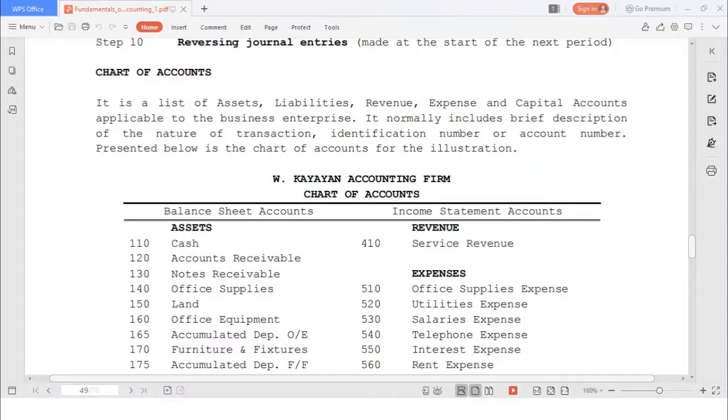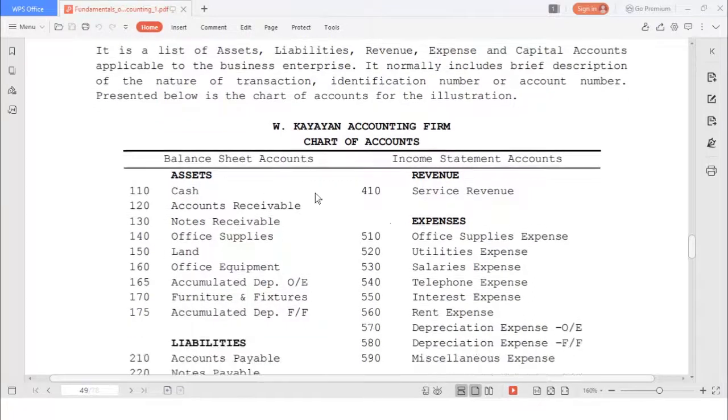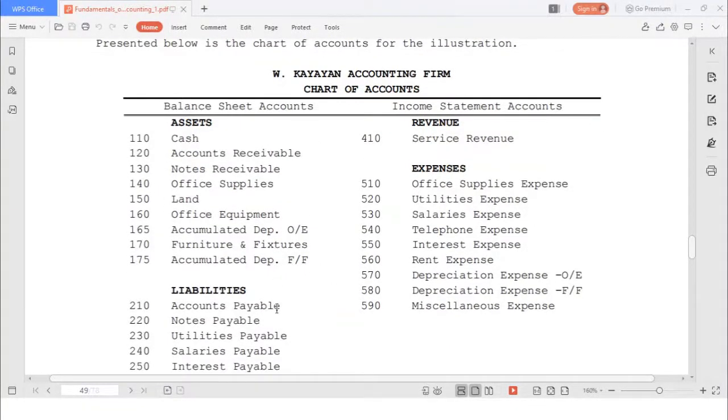It normally includes a brief description of the nature of transaction, identification numbers, makita na ninyo sa first column, and the katong type of account, usang account title. So, the company or each company has its own chart of accounts. It is specific to what kind of industry or business the company is involved in.